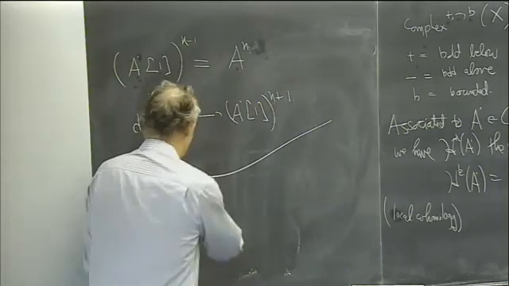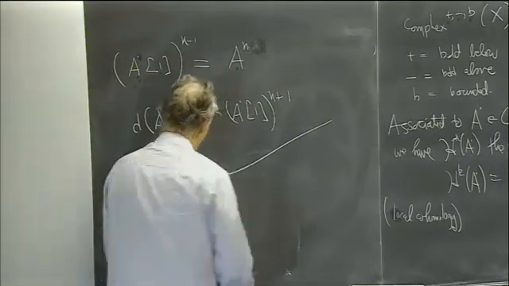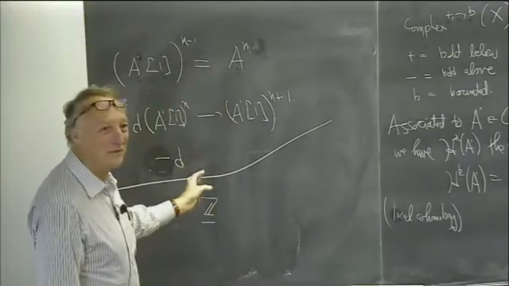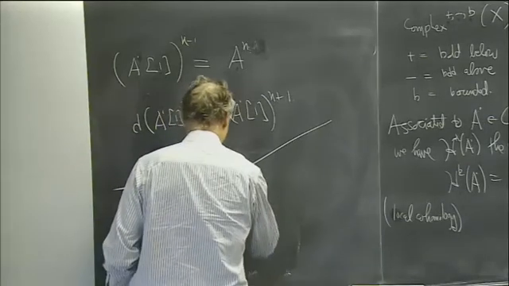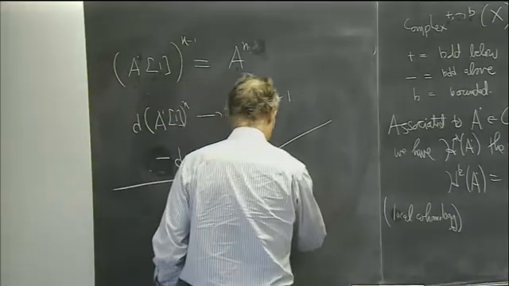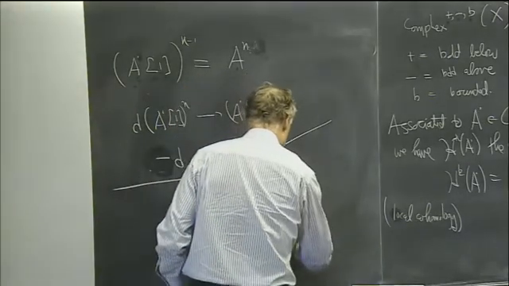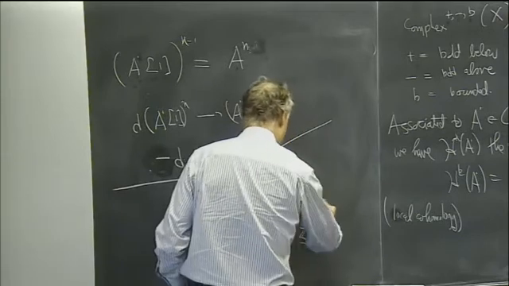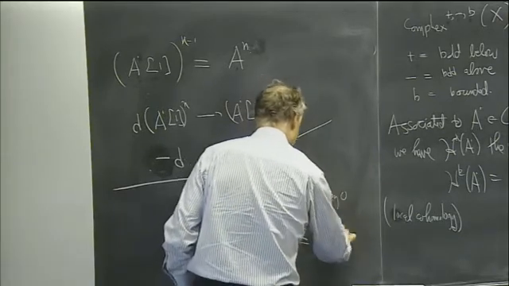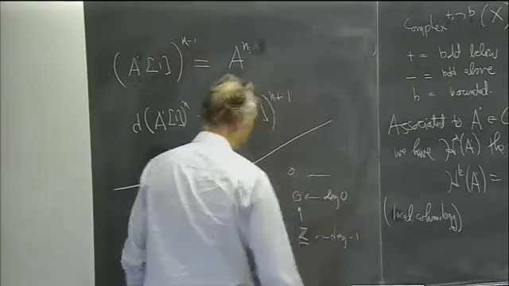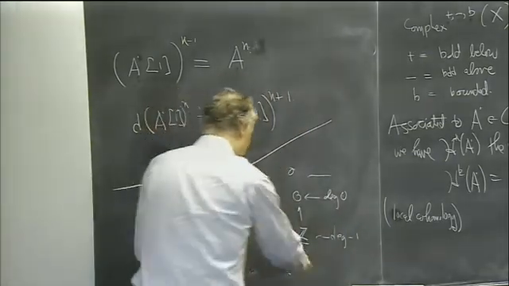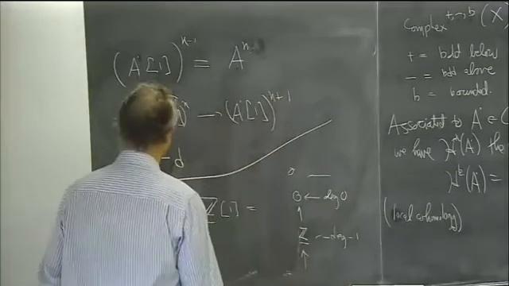So let's think about Z as the constant sheaf in degree 0, and this is the complex where this is degree 0, and this, of course, is degree minus 1. You shift down.